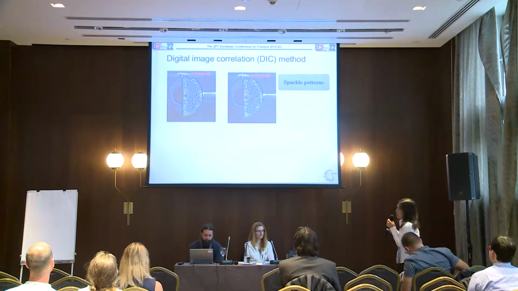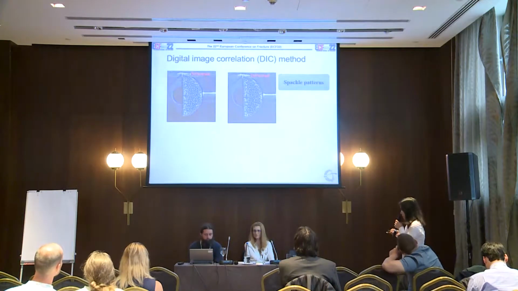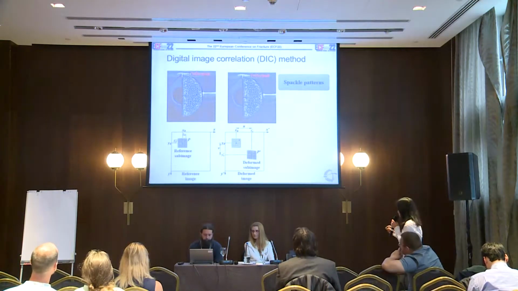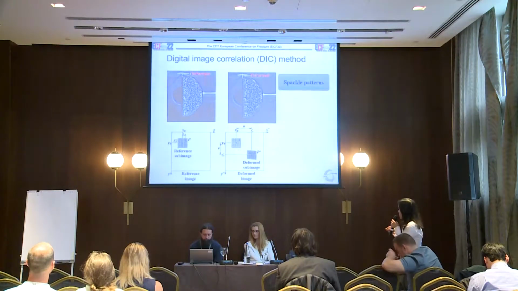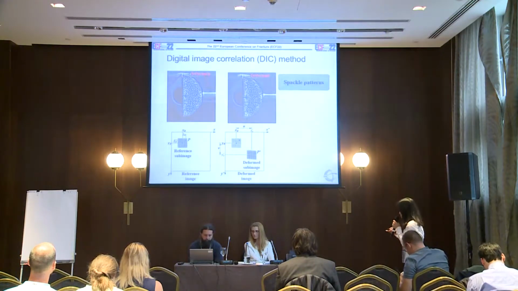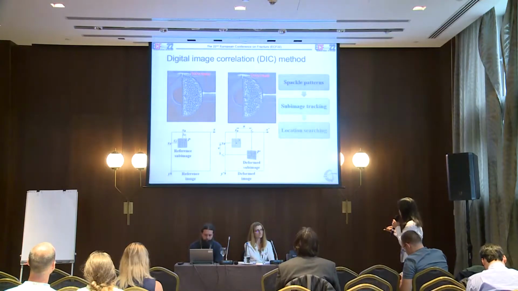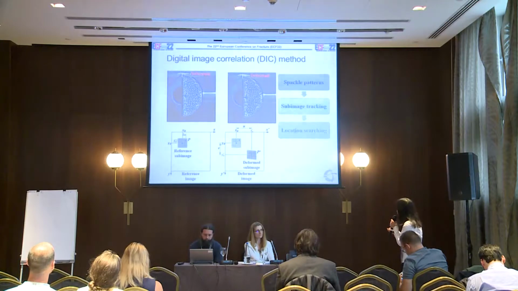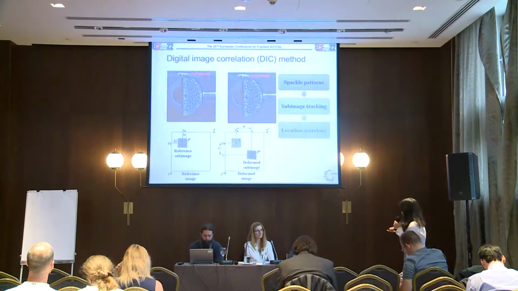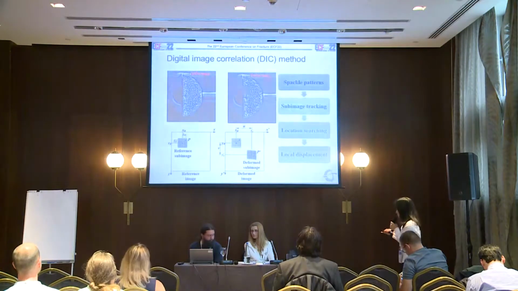This is a series of deformed images during the dynamic fracture process. We track a subset in the deformed image, so we can find the location of the point P, or P plus, and then determine the local displacement.